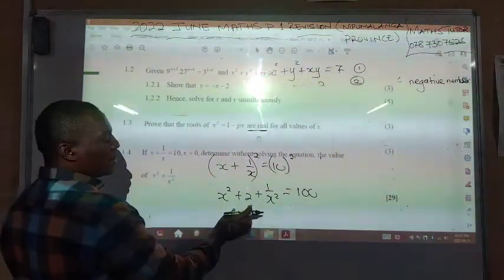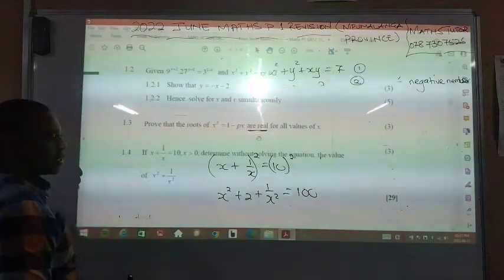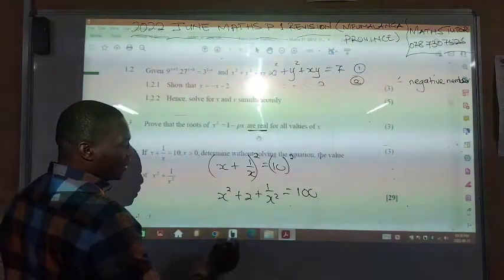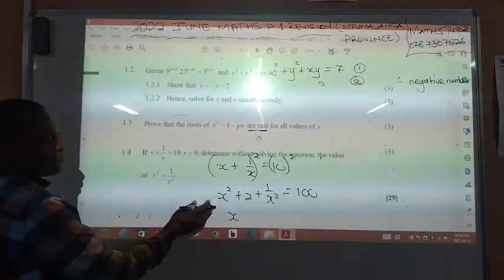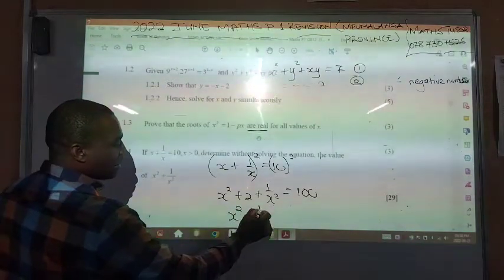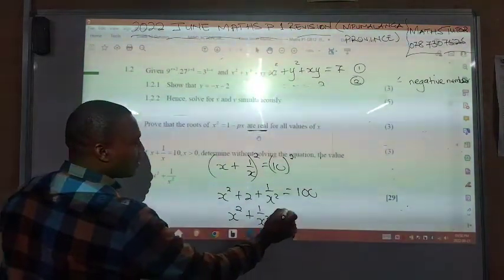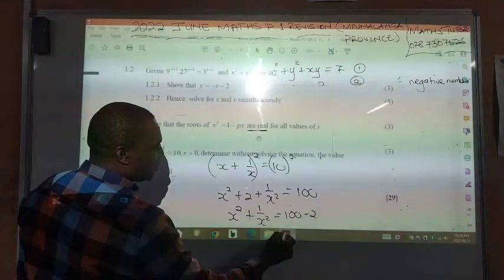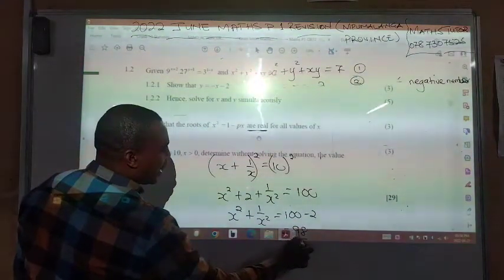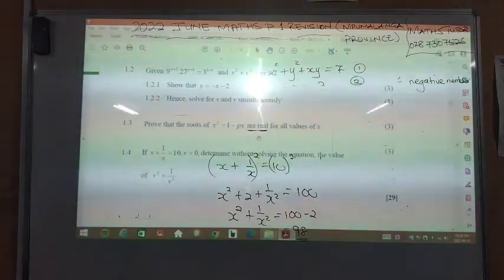And then we subtract 2 from both sides. So we will remain with x squared plus 1 over x squared is equal to 100 minus 2, which will give us 98. That is that.